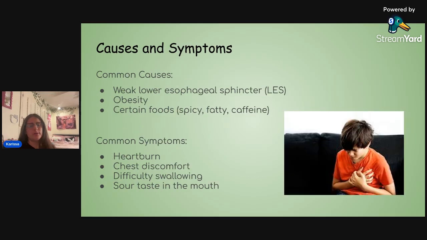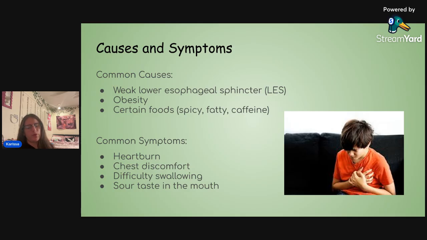So here are some causes and symptoms. Some common causes are a weak lower esophageal sphincter. Obesity is a big cause for this. I often notice that's a big pattern with this condition. A lot of people who are overweight or obese suffer from this.